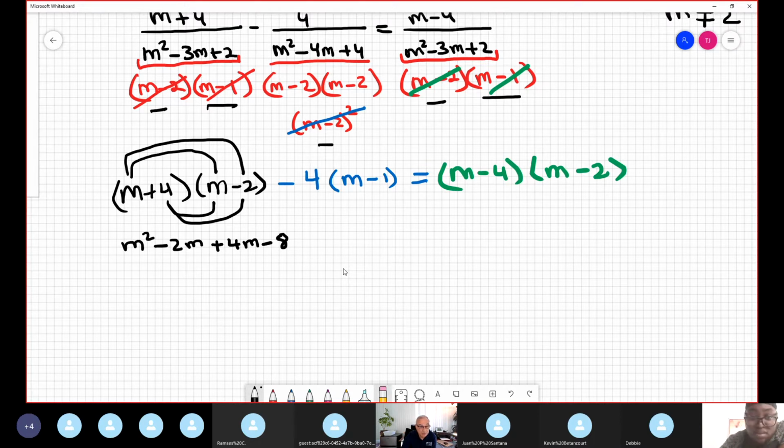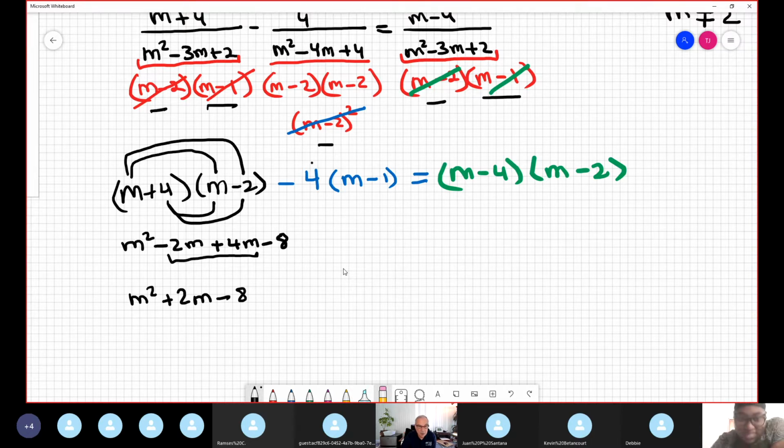If you want, at this moment, don't forget to combine later here and here. This is m squared plus 2m, because negative 2 plus 4 is positive 2, minus 8.